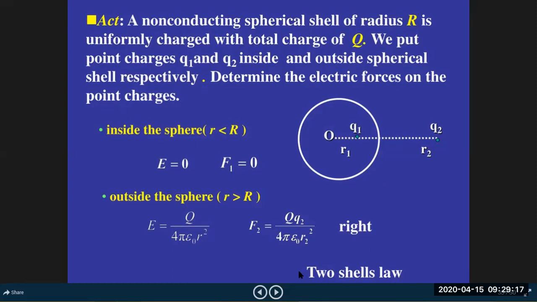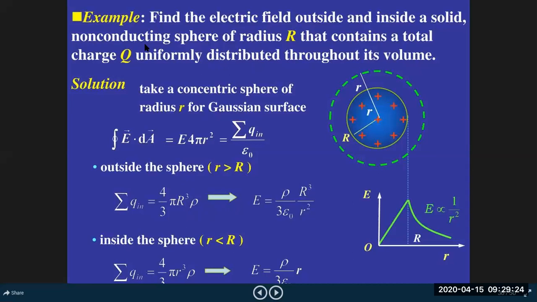So now the next thing is Gauss law for a solid sphere. Find the electric field outside and inside the solid non-conducting sphere of radius r. In the previous case, it was a hollow non-conducting spherical shell. Whether it is a conducting or non-conducting spherical shell, electric field inside the shell will be 0.